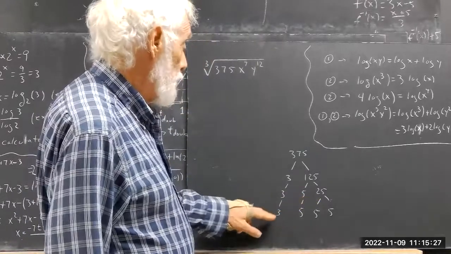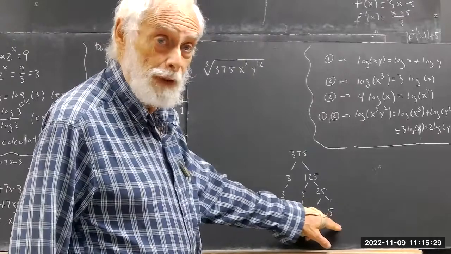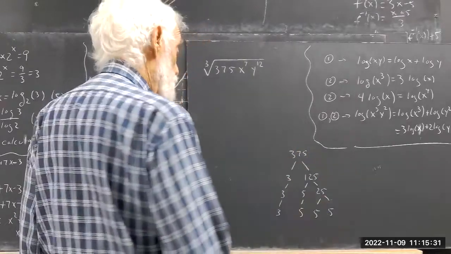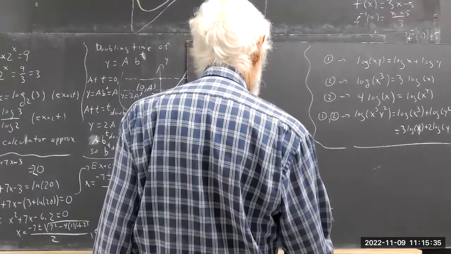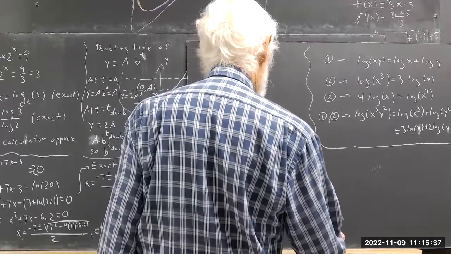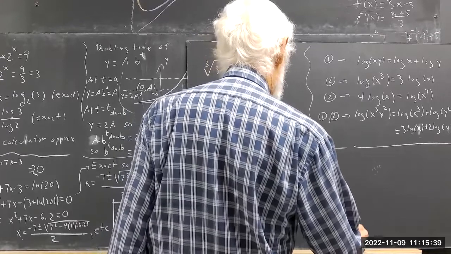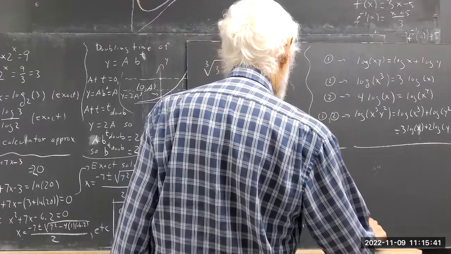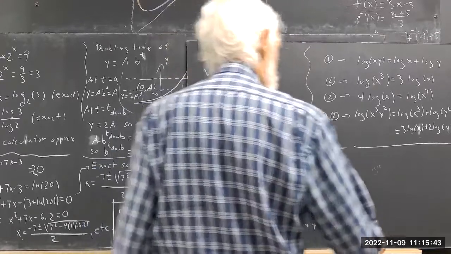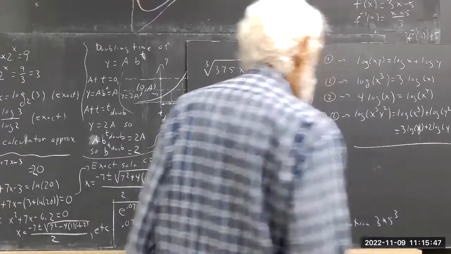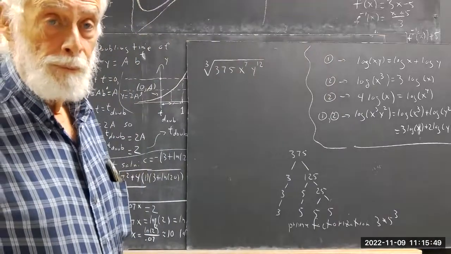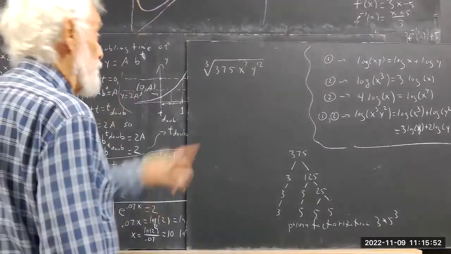And ultimately it's 3 times 5 times 5 times 5. Your prime factorization, that is 3 times 5 cubed.